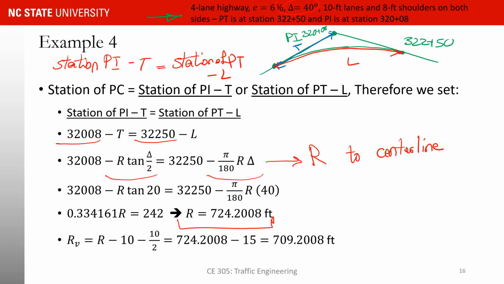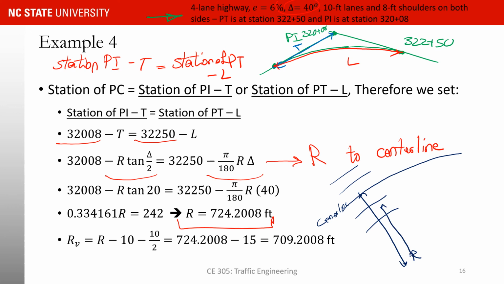What is R sub V? So let me draw the curve one more time. So this is the center line. I have 2 lanes on the top. I have 2 lanes at the bottom. So this is R. I want to know RV.